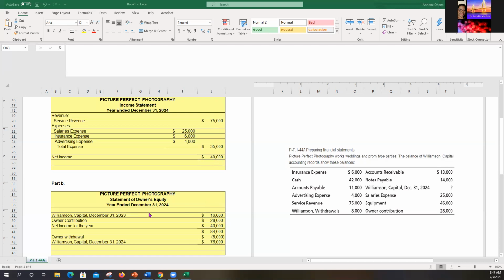The second part of the question is for you to complete the statement of owner's equity. So Williamson equity at the end of December 31st, 2023 is 16,000. Owner contribution, 28,000. Net income is 40,000.